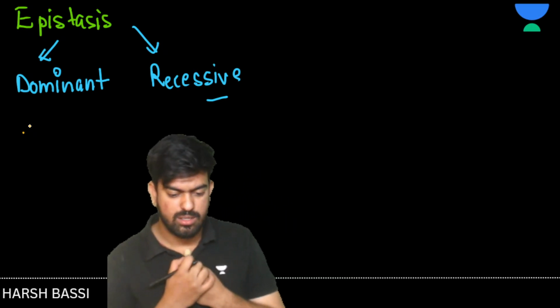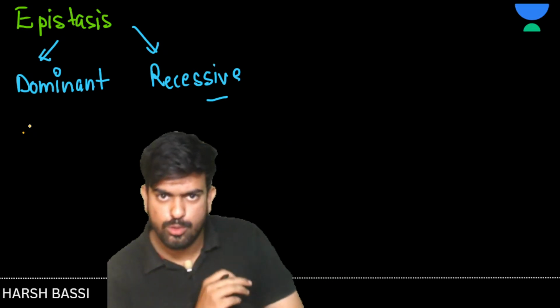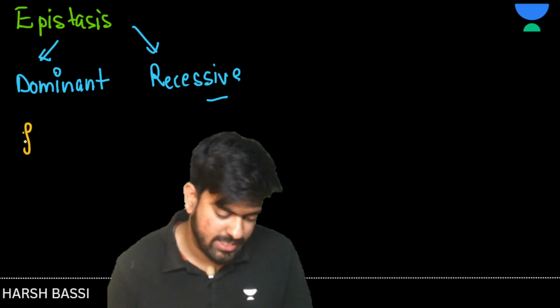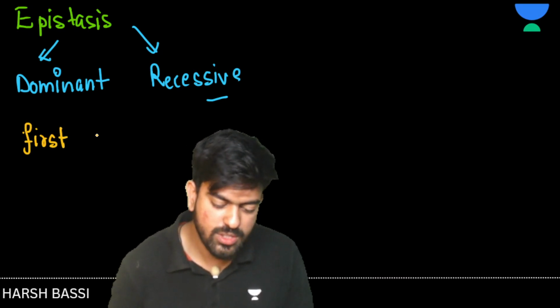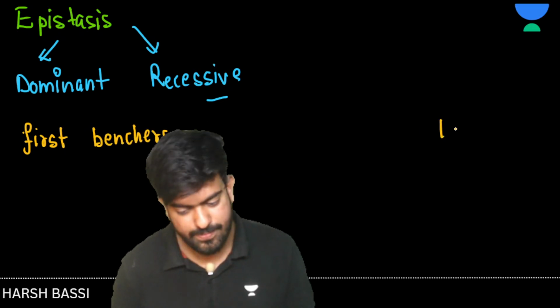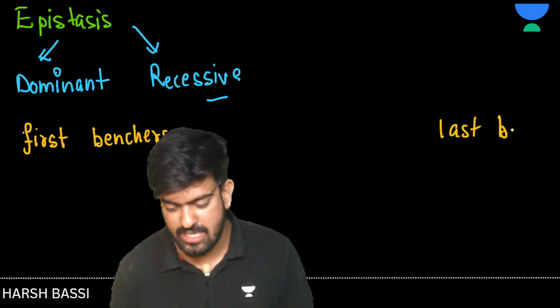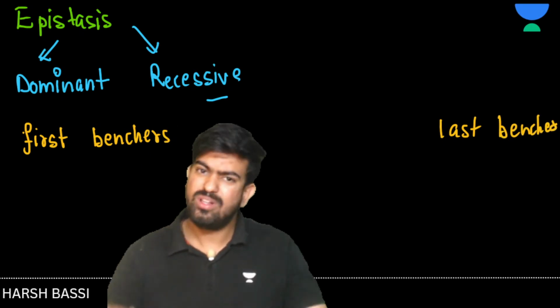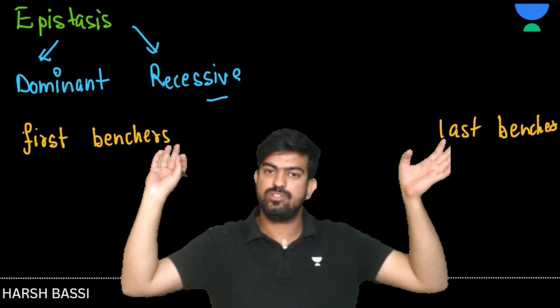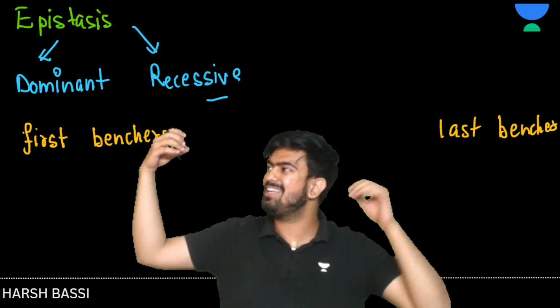Yes. So we have two groups. What two groups? Suppose you have first benchers and the last benchers. Both are different organisms. First benchers are very different, last benchers are very different.